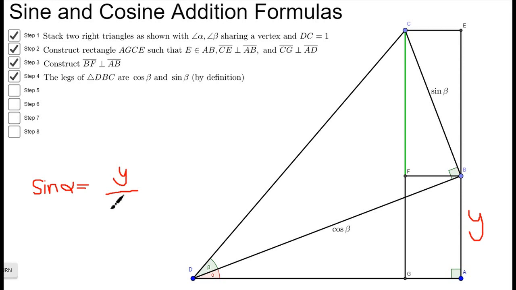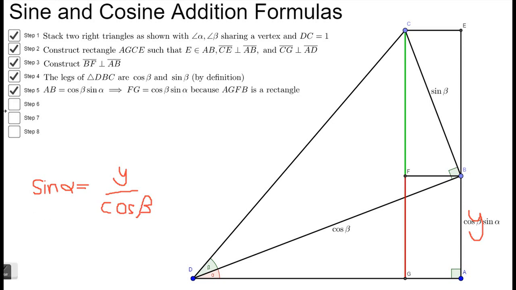So the sine of alpha equals Y over cosine beta. Okay, which hopefully will explain why we have this relationship over here.